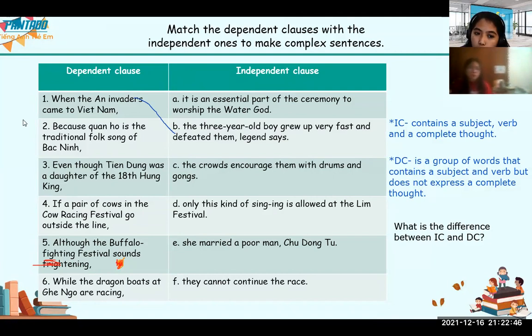How about number two? Because Kwan Ho is the traditional folk song of Bac Ninh, what would be your answer? Letter D? You mean this one? Okay, let me put it here. How about number three, Ngok? Can you please read together with your answer?